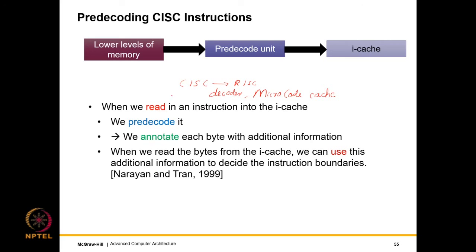So what we do is that to find the boundaries, whenever we read in an instruction into the iCache, here it is important for us to talk a little bit about the memory hierarchy in a typical processing system. If we have the pipeline over here, we have separate hardware structures. One of them is the instruction cache, which we have also referred to as instruction memory in the past.